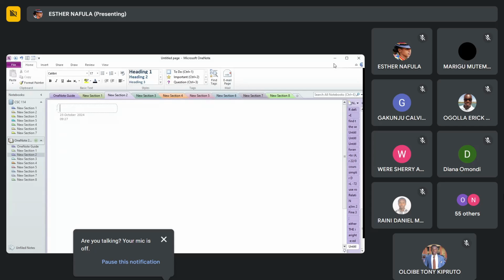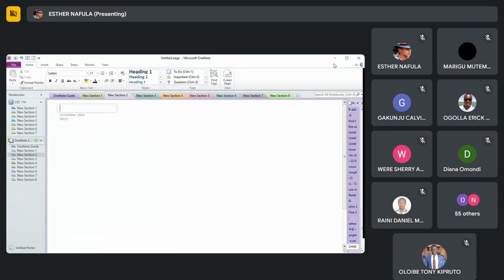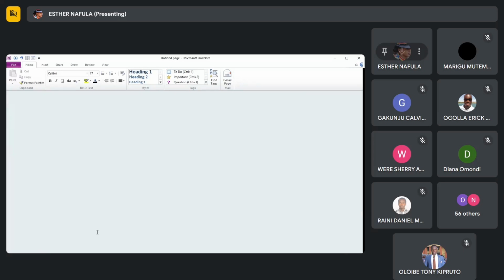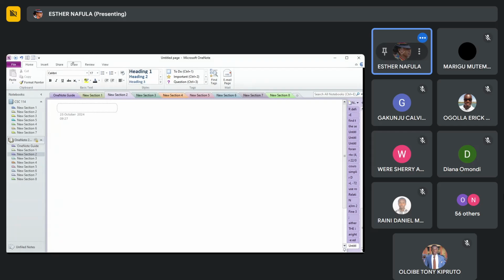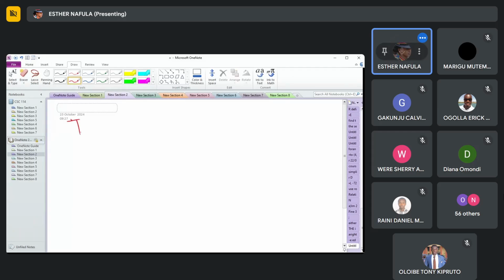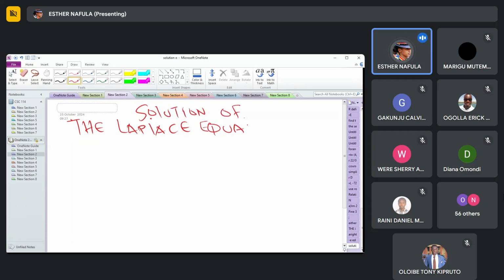Carry on and we look at solution of the Laplace equation in cylindrical coordinates.